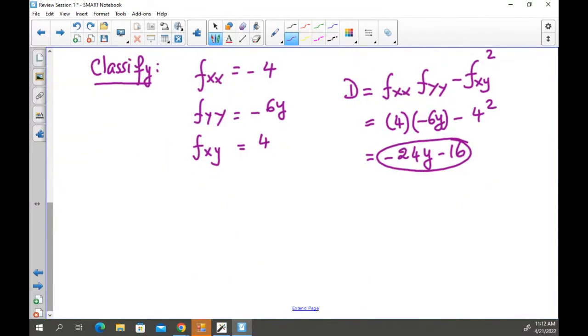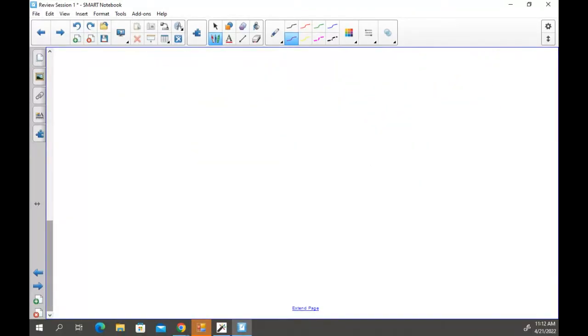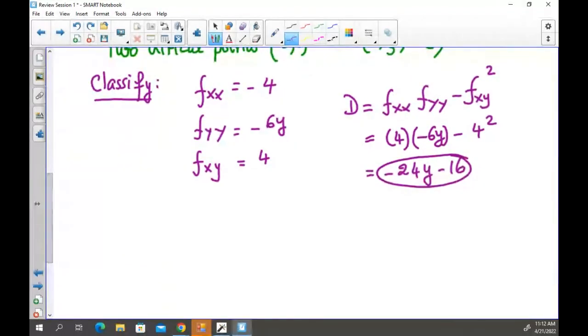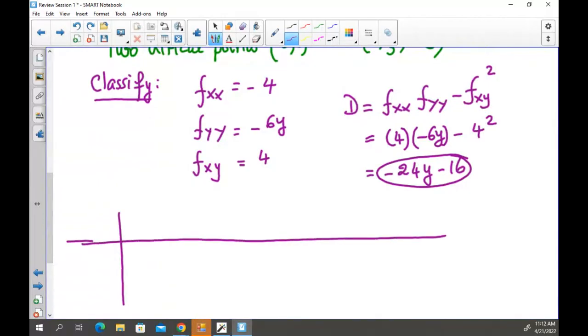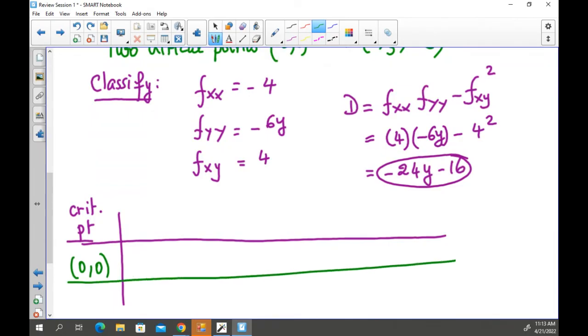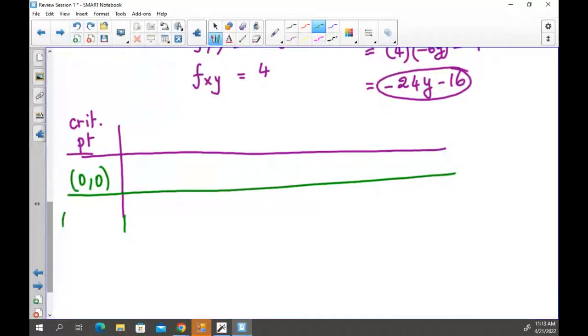Now we can make the table. So we put the critical point here. The two critical points are 0, 0, and 4 over 3, 4 over 3.